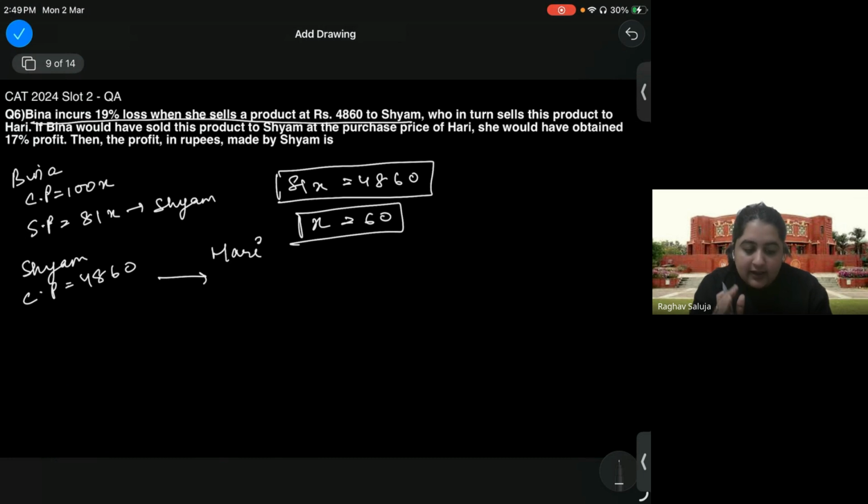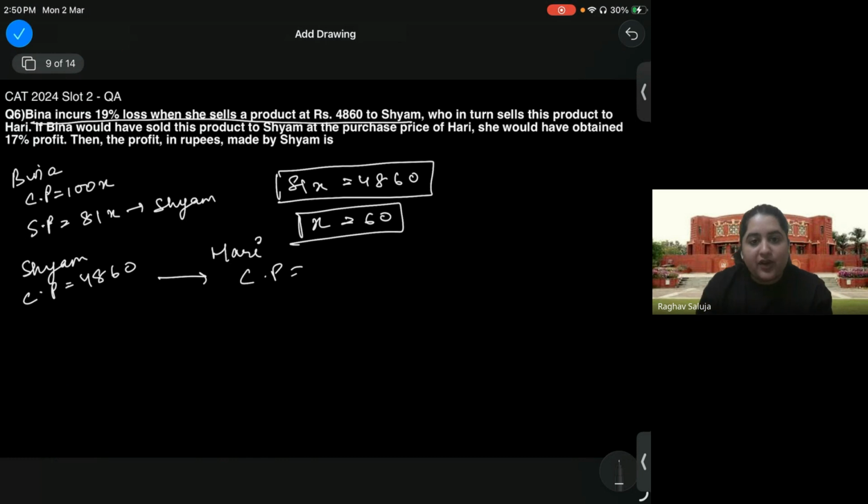And it is said that if Beena would have sold this product to Sham at the purchase price of Hari, that is the cost price or the selling price at which Sham sold to Hari, then she would have obtained 17% profit. So if Hari was buying at a price A, so if Beena would have sold to Hari at that price A, then she would have made a 17% profit.